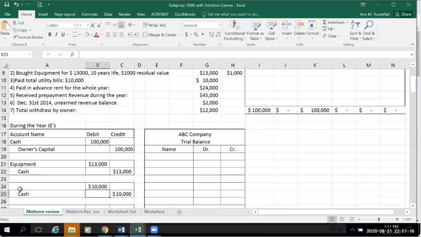But why did I pay $10,000? Let's read it again. It says paid total utility bill for $10,000. You see that? That means you don't call it utility bill, you call it utility expense. You used electricity or water or whatever, utility expense.